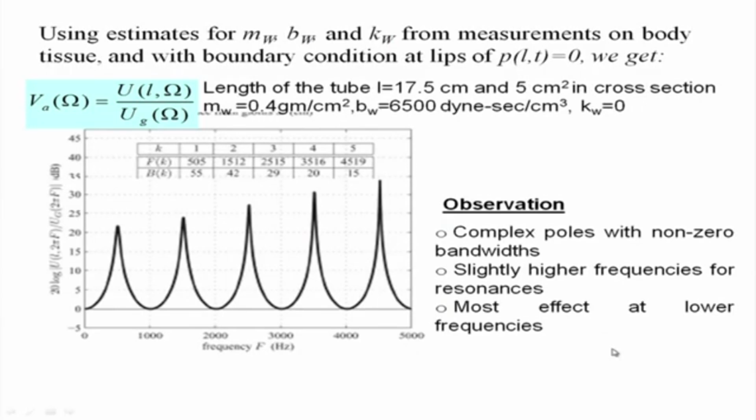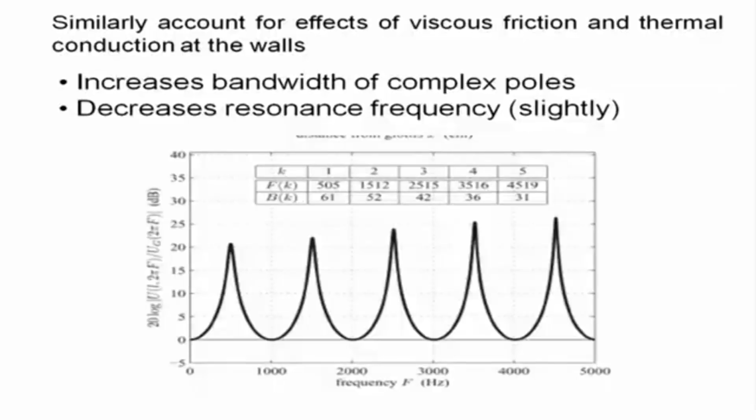So, lower frequency bandwidth will be increased more compared to the higher frequency. Now, I said that earlier I had not considered friction loss, viscous loss and thermal loss. Now, if I consider all kinds of losses, friction loss, thermal conduction at the wall, viscosity, then I find it increases the bandwidth of the complex poles and decreases the resonance frequency slightly.